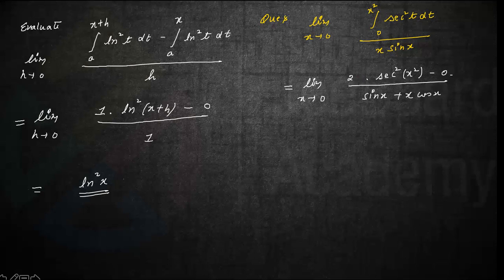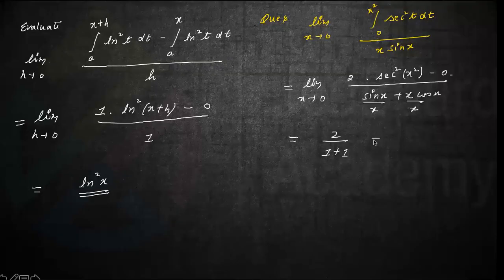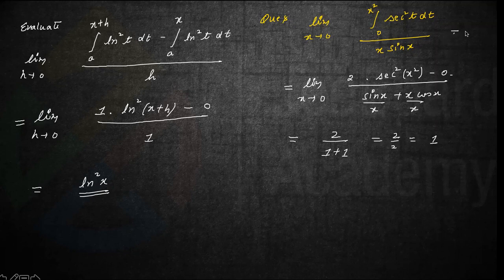This is sin x by x, and this x. Now this is not an indeterminate form, so you substitute. There will be sec square of 0, which is 1, and this is 2 here, 2 by 1 plus 1. So it should be x by x, right? So it should be 1 plus 1. So in this case, we have 2 by 2 equal to 1. So this limit should be equal to 1.